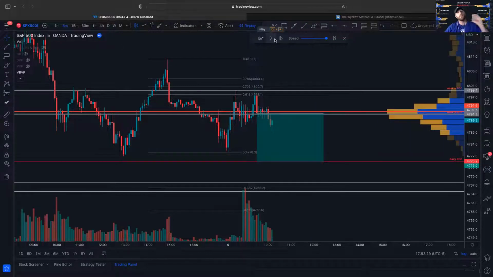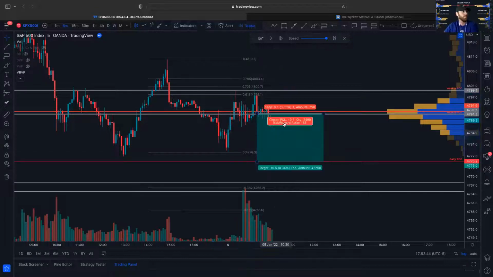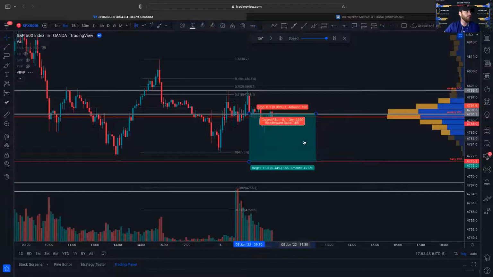And the reason I'm doing this on the 5-minute is just so we can have more examples of this than just the 1 hour. It looks like this fib probably would have hit the 702 and worked out, but that's not what we're looking at. And that would have broke me even.